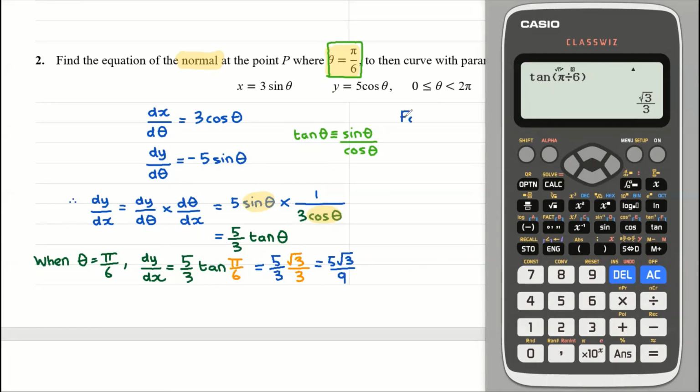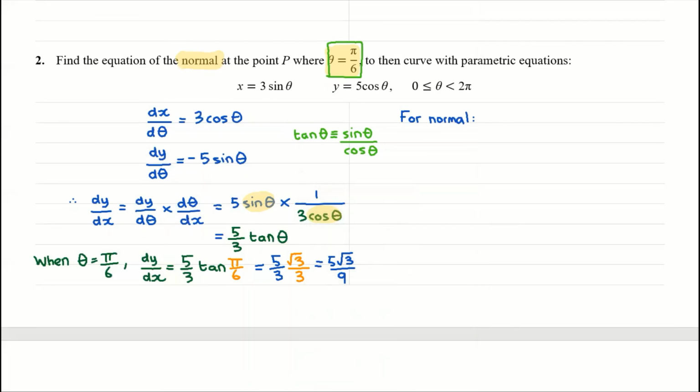So for the normal, we need the reciprocal of, I should say negative reciprocal. I apologize. So undo that. I'll just erase it.